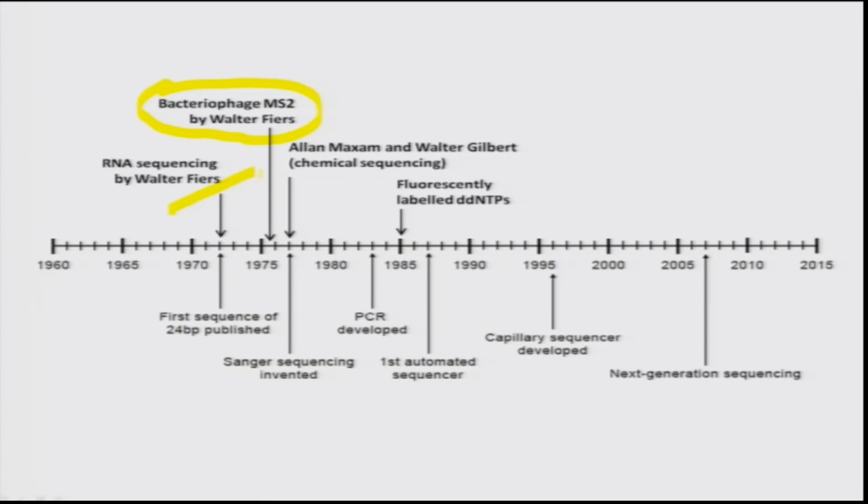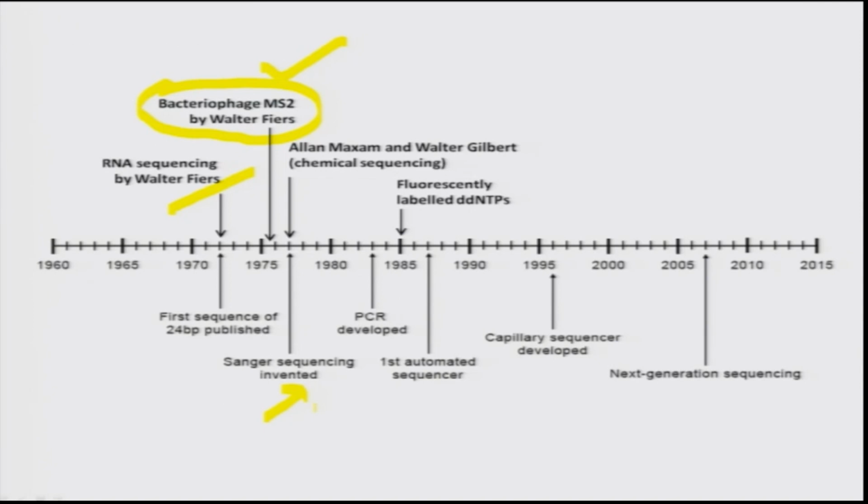This group was able to sequence and publish one of the bacteriophages, a viral bacteriophage which has an RNA genome, in 1976. That was the first major sequencing initiative, and by then other people, including Sanger, invented the approach that we are going to discuss.